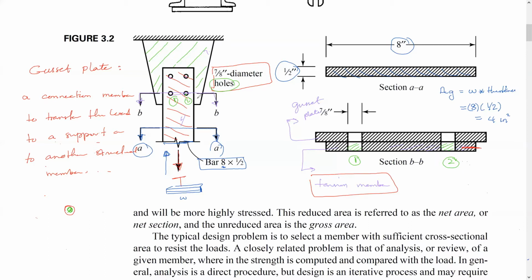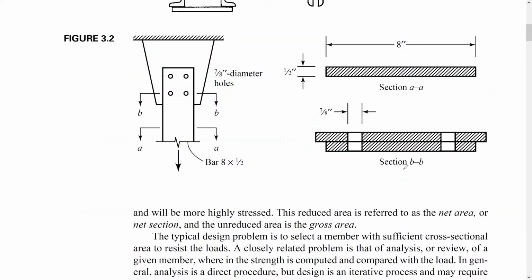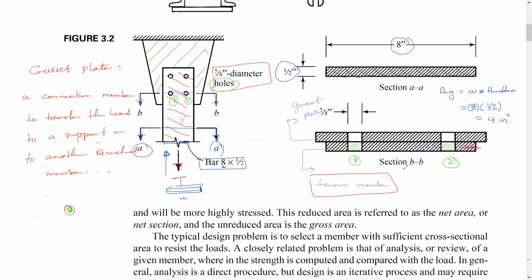So right now, what is the area for the section BB? Okay. Here, let's put down the area. So the net area at the section AA, or sorry, BB, is equal the gross area minus area holes.